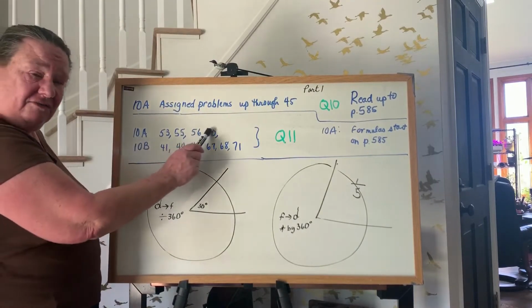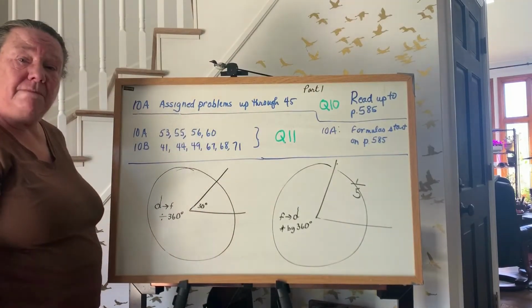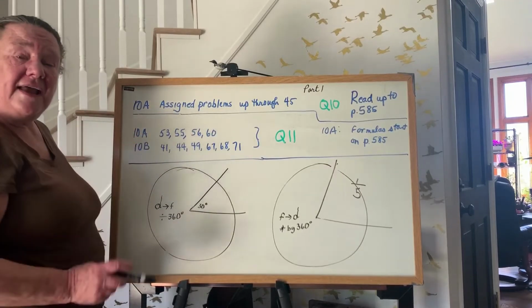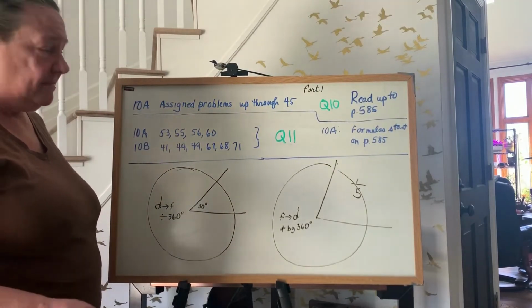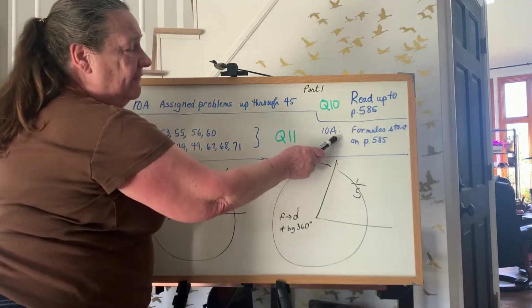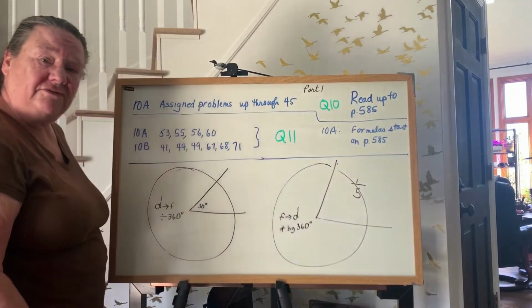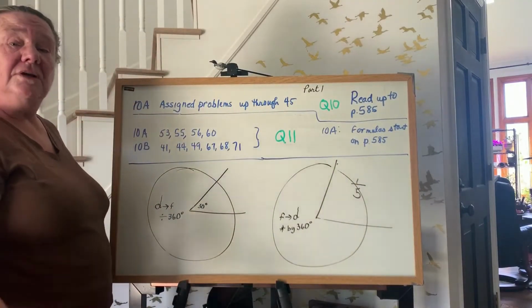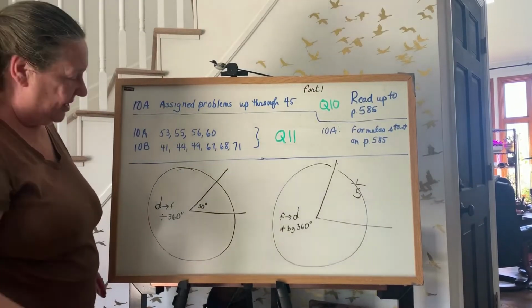The rest of 10A and the 10Bs that I've cited here, I've cut out some problems that are just too hard to explain without you in front of me. And that will be your quiz 11. Okay, for the 10A section here, these formulas start on page 585, and I will do those with you tomorrow or Wednesday or Thursday, I'm not sure.